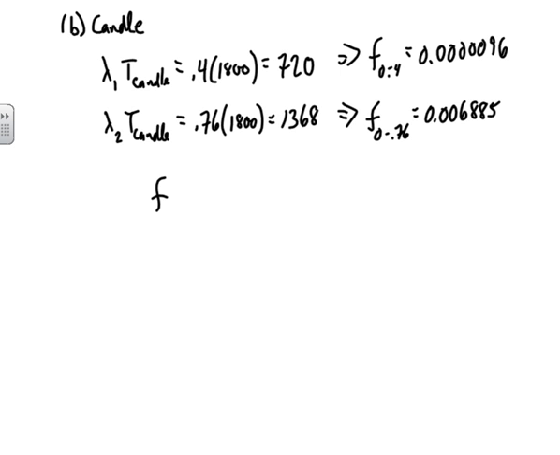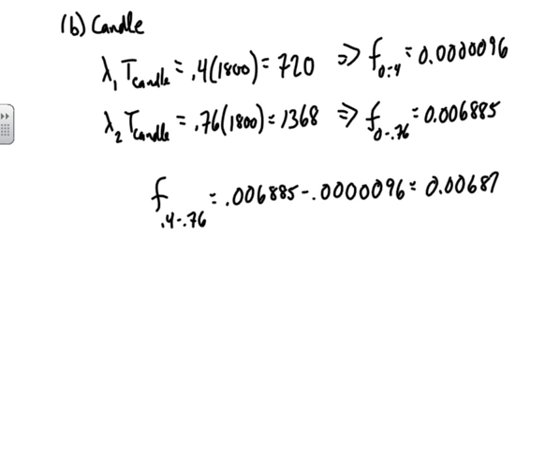So we can find our fraction between 0.4 and 0.76 just by subtracting them: 0.006885 minus 0.0000096, which is equal to 0.006875.